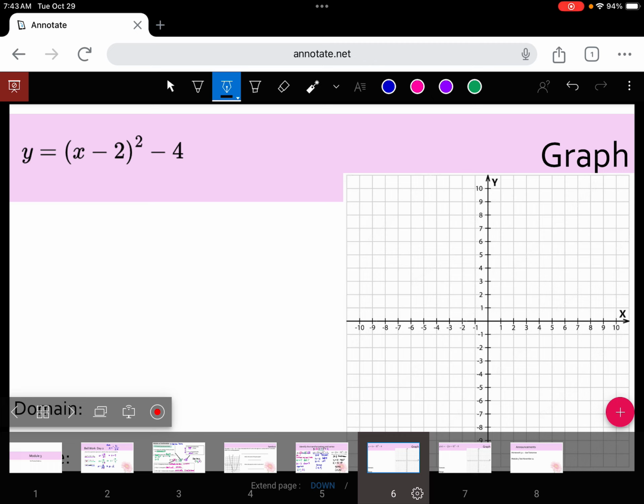We have a couple of different ways we can approach this. You can do this exactly the same way we did absolute values, where we make a parent function in the middle and we do our x plus h to one side and our y, a plus k, to the other side. That is 100% a valid way to do it. You don't have to do it that way though.